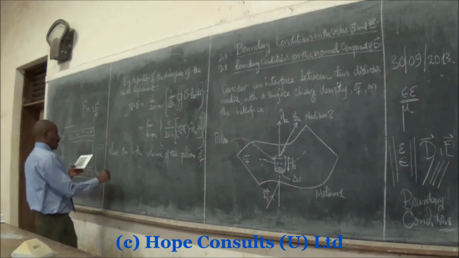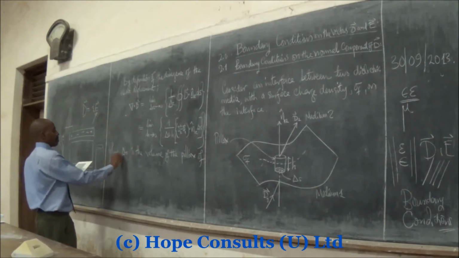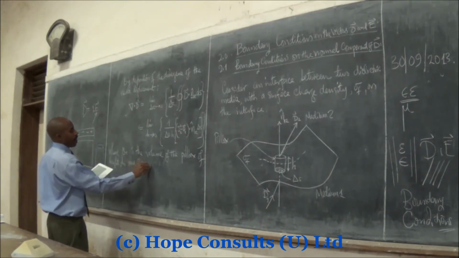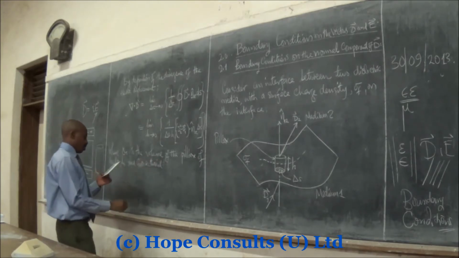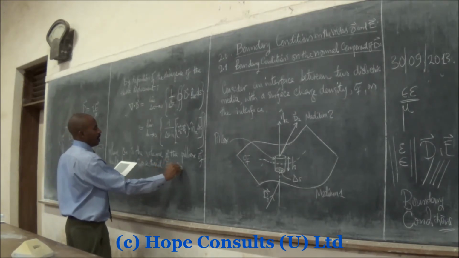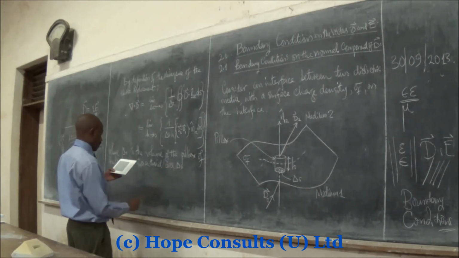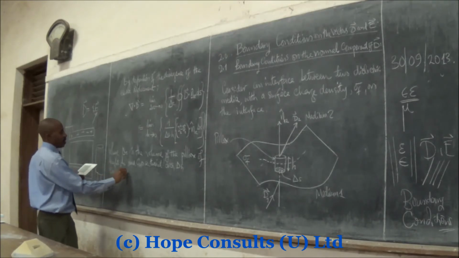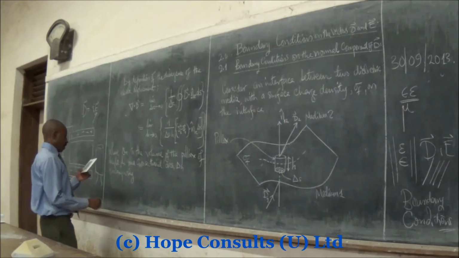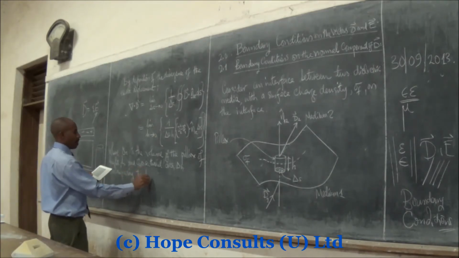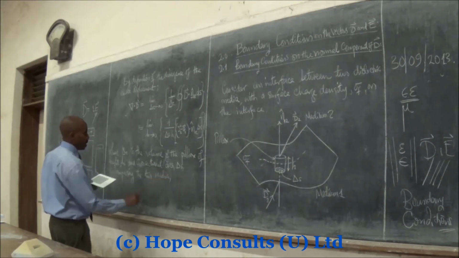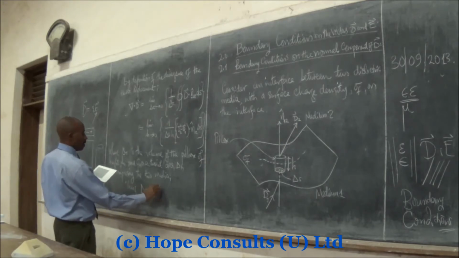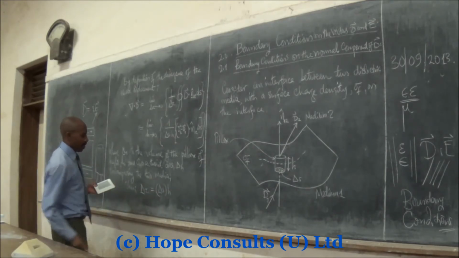This pillbox of height h and cross-sectional area encompassing, or cutting across, the two media, such that tau is equal to dS multiplied by h.